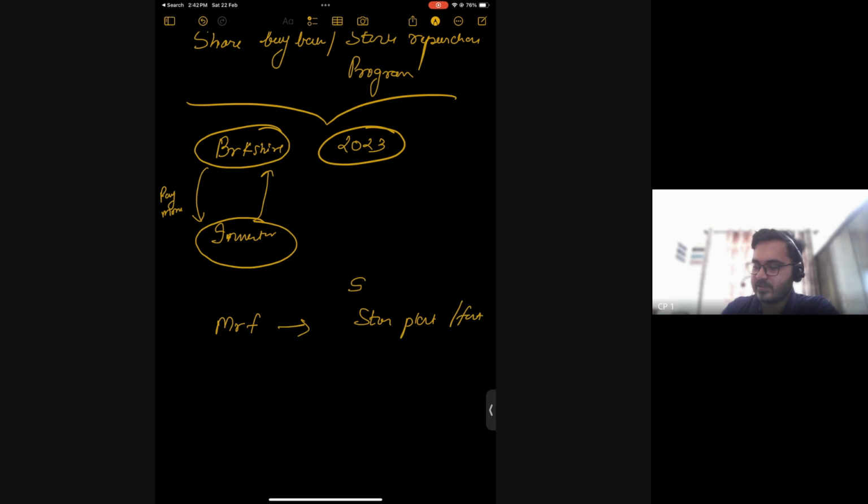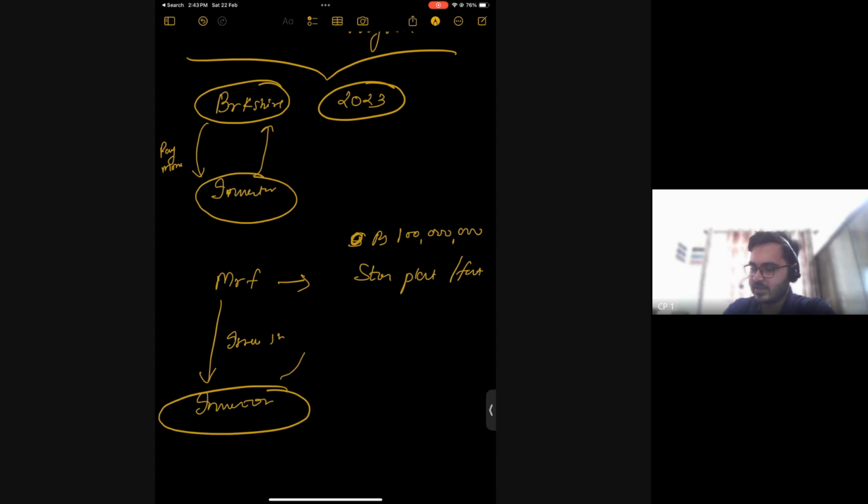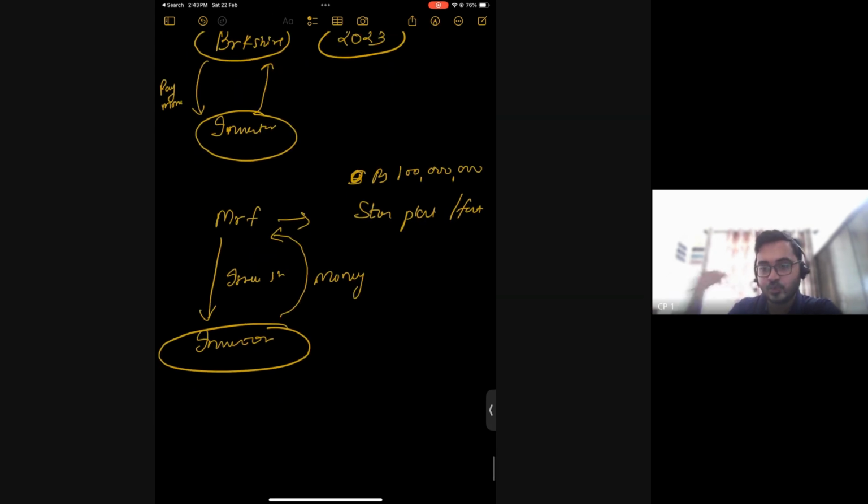For this, MRF needs, I don't know, rupees 100 million, for example. How will they finance this? They will issue shares to investors. Investors get those shares, and investors will pay money to MRF, and so your money flows this way. This is a regular transaction wherein the company issues stock.